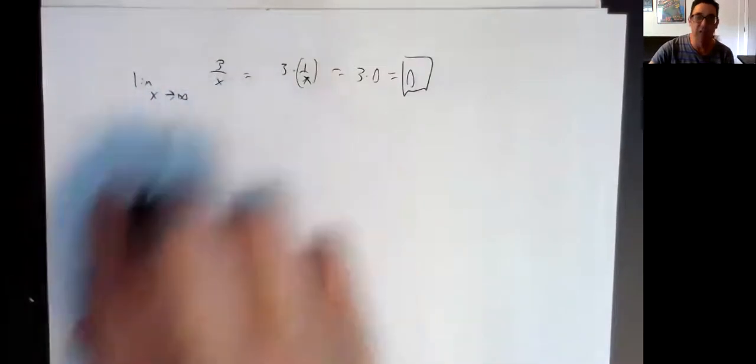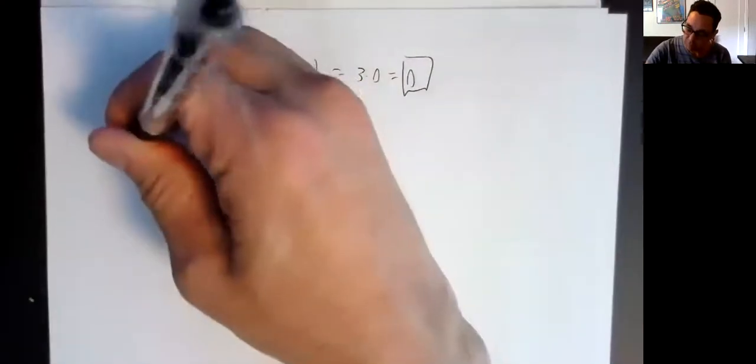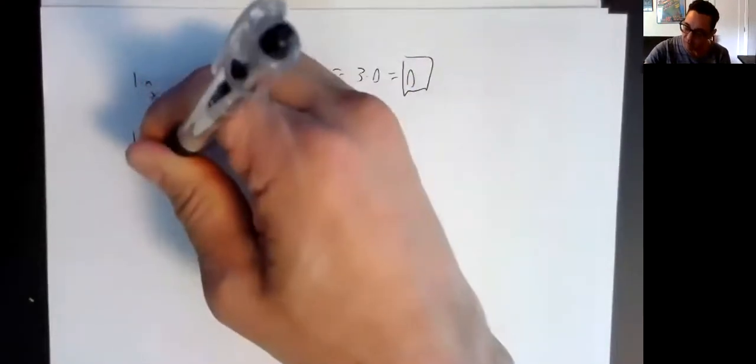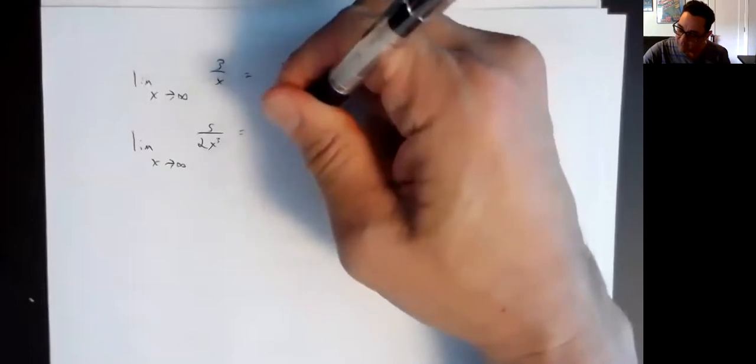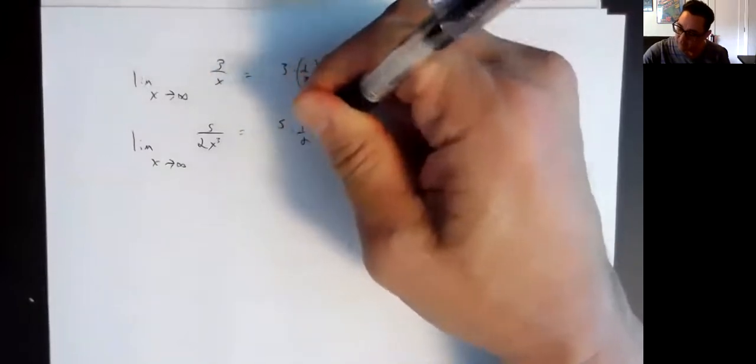So even if you have another number there, say the limit as x approaches infinity of 5 over 2x cubed, right? Well, here's what you do: split that up into parts mentally, and that's like 5 times 1/2 times 1 over x cubed, all right?